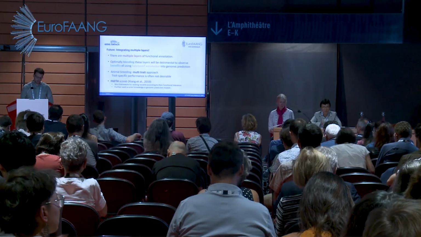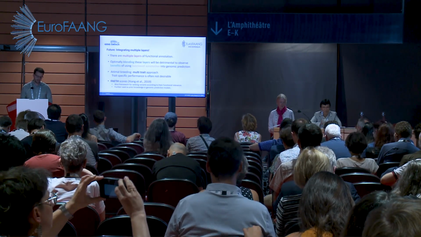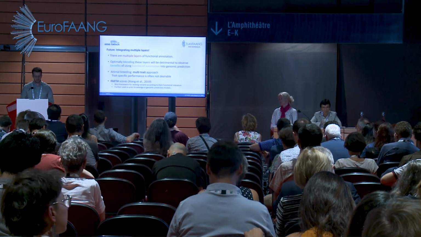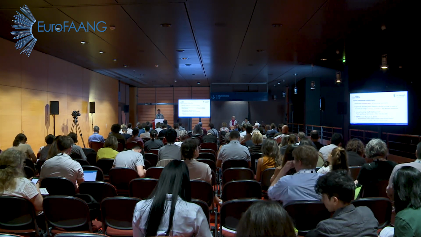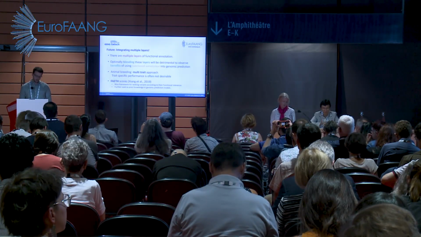And finally, just what we're working on now. I think the FAST scores were already mentioned during the conference. This was published by Xiang 2019. It's basically a framework for scoring different SNPs according to their functional relevance, so according to how much percentage of variance they can capture across your functional maps and phenotypes.